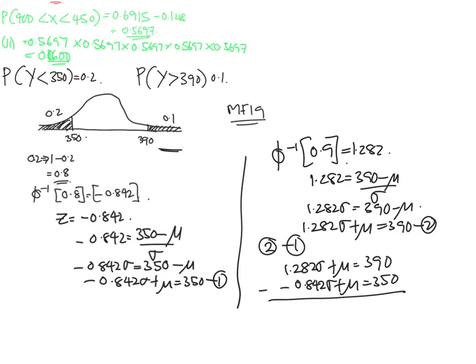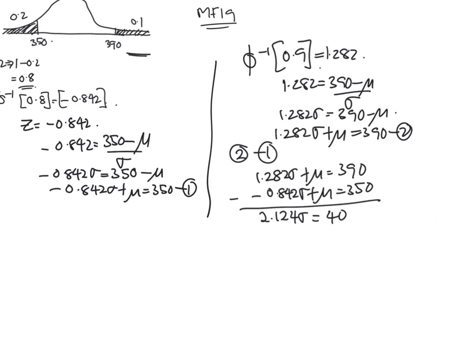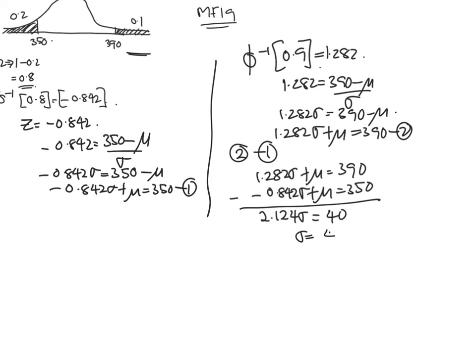When you subtract this, you minus it's plus, so it's 2.124 sigma equals 40, and from there sigma equals 40 divided by 2.124, and the answer is 18.83239. Once I've got sigma, I can find mu.